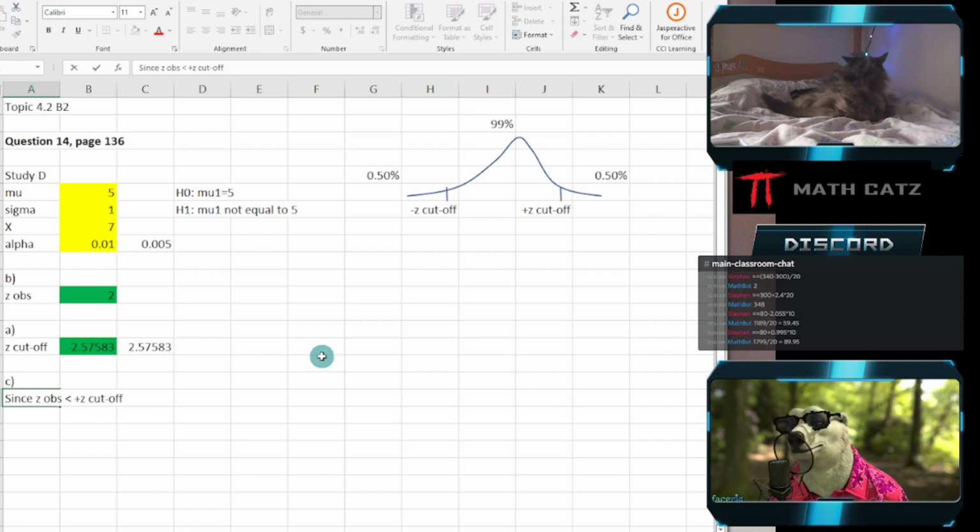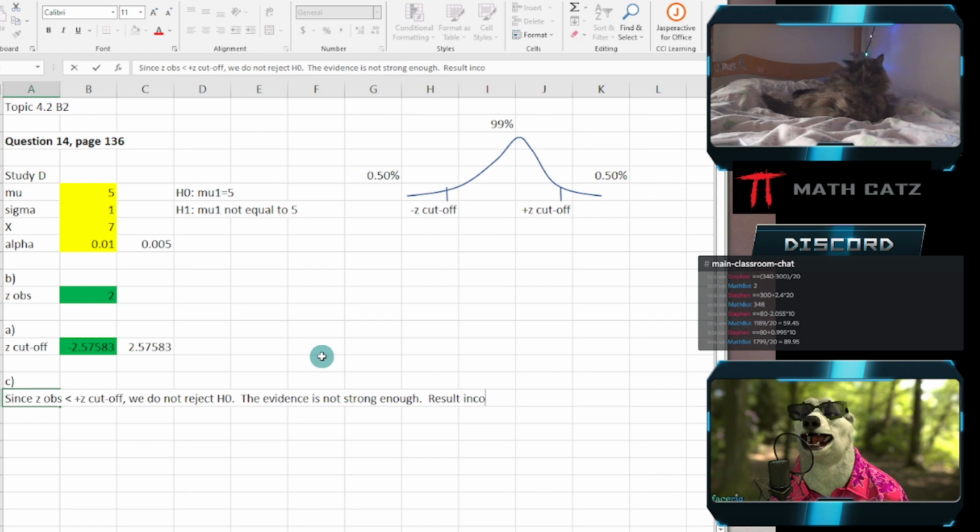There are two of them. In this case, I'm on the positive side, where my observed z-score sits. We do not reject the null hypothesis. The evidence is not strong enough.